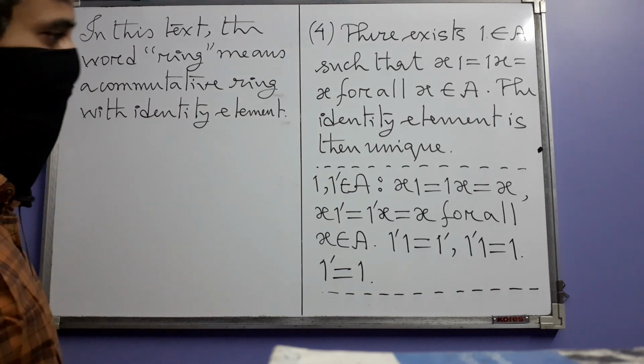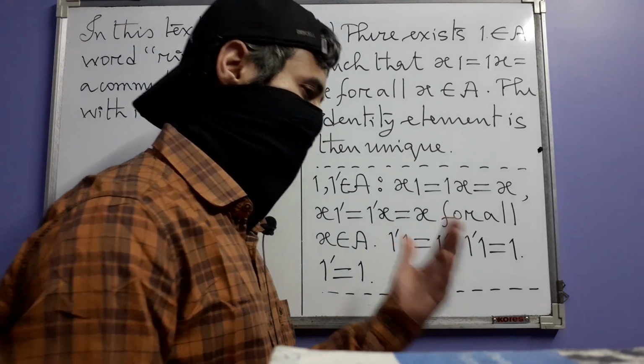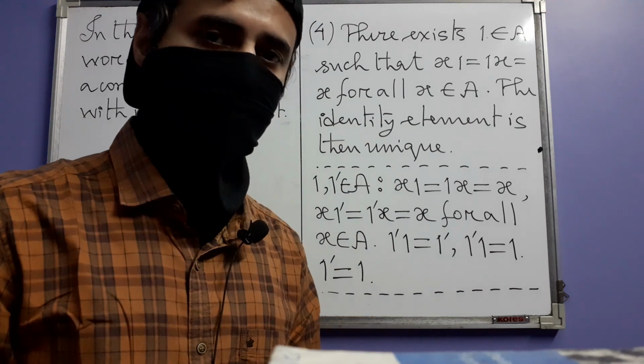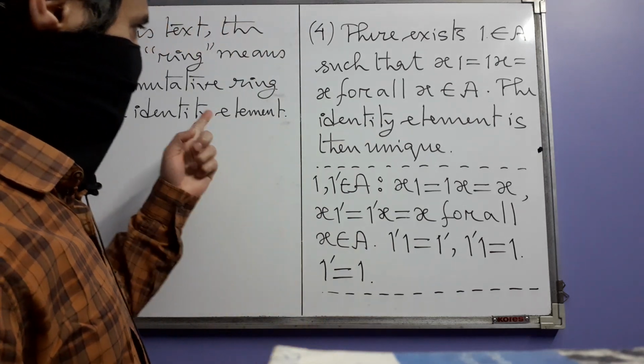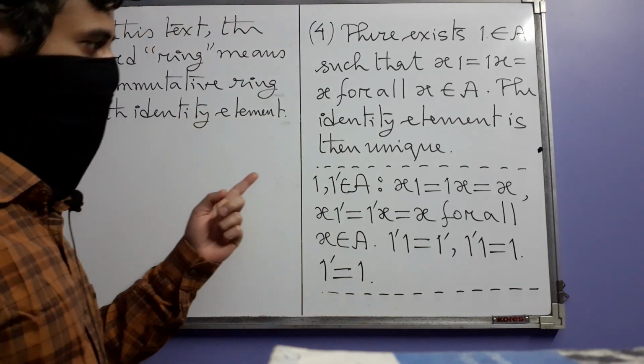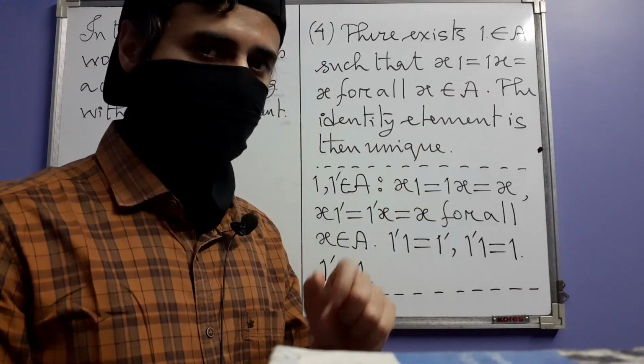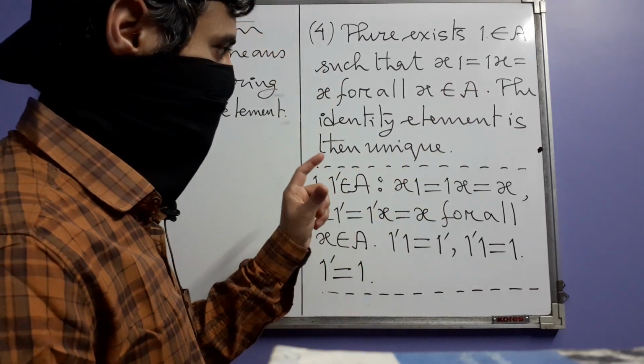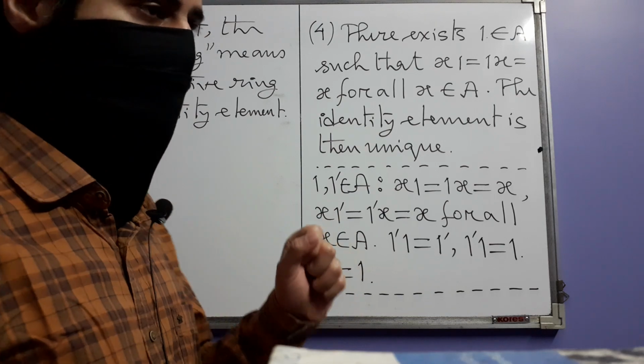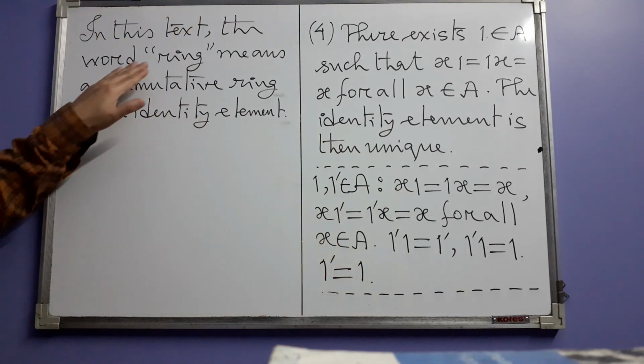And this is why, again, when you start studying some book in algebra, this type of thing may confuse you if you neglect the first discussions. If you do not carefully read the first discussions, then you will not get this.